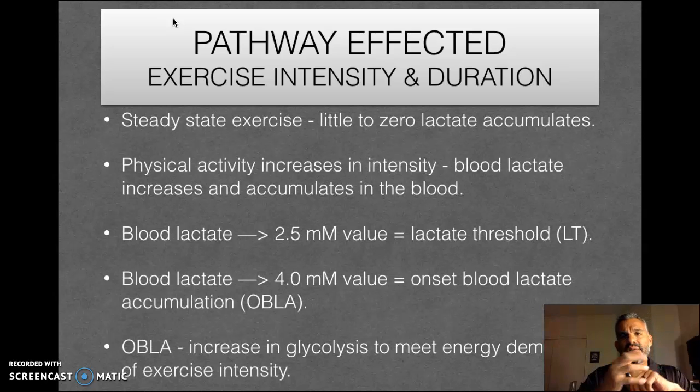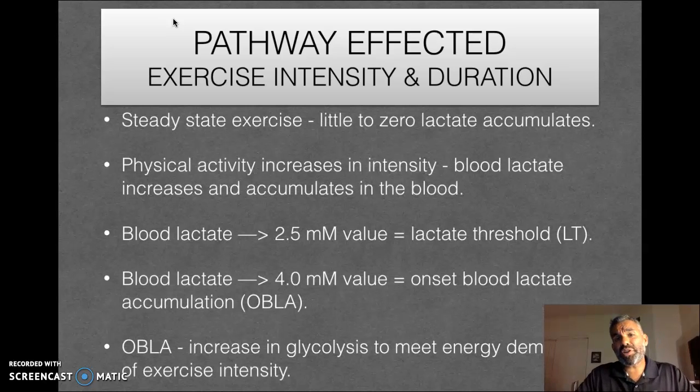The cycle is going along fine, but it is when the exercise intensity begins to increase that we begin to see blood lactate increase and accumulate. We get to the OBLA, and now we are requiring the body to meet the energy demands of the exercise intensity that we're at.